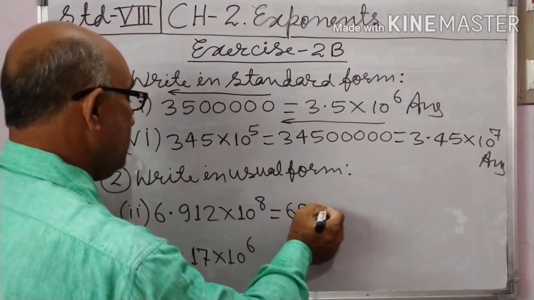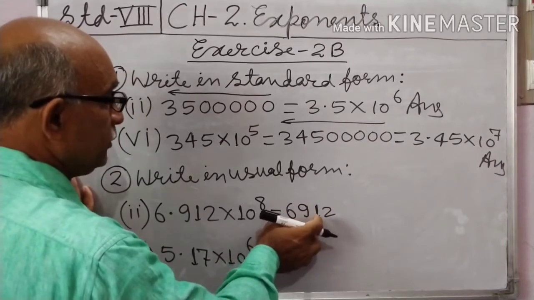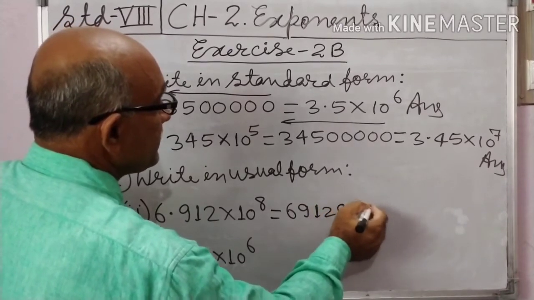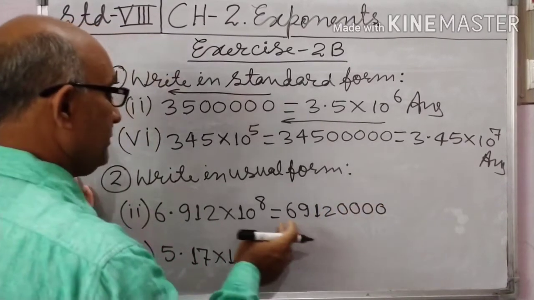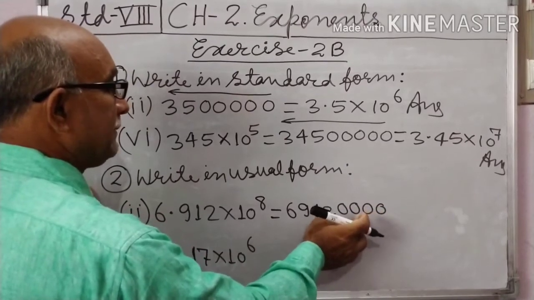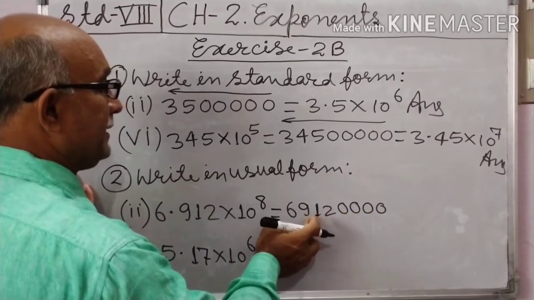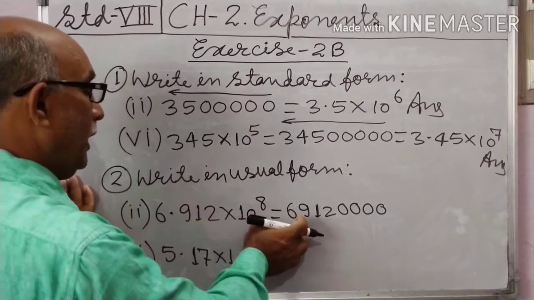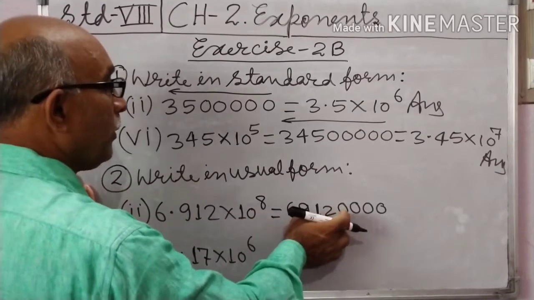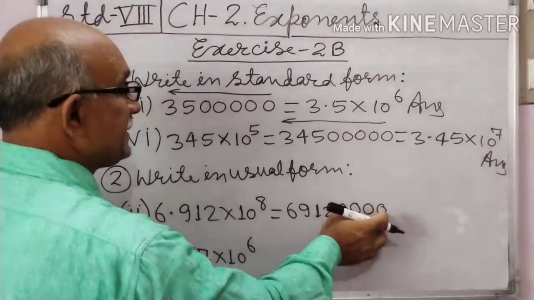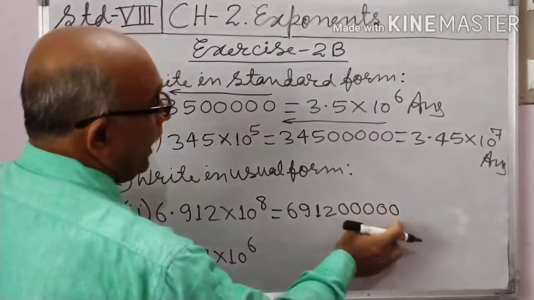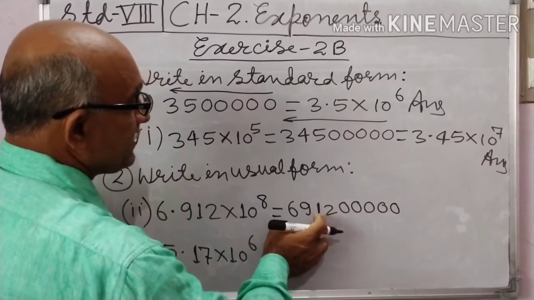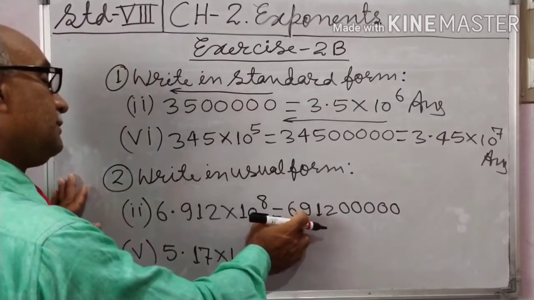So 6, 9, 1, 2, and then 1, 2, 3, 4, 5, 6, 7, 8 digits.